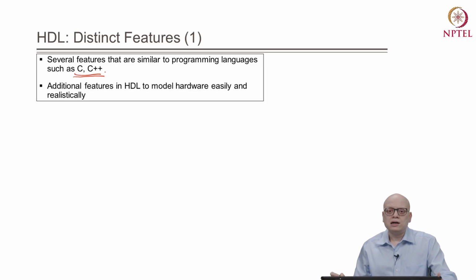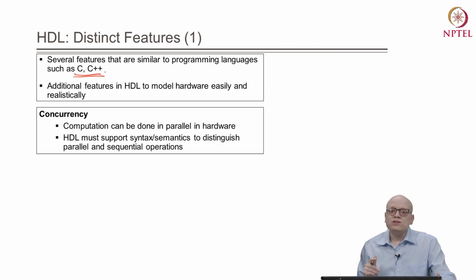However, hardware description languages such as Verilog and VHDL have some distinct or special features, and these features are required because we want to model hardware, and hardware has some features which need to be captured or modeled in a realistic way using these languages. So, what are these features?